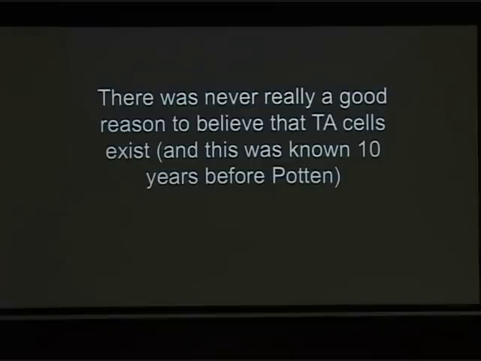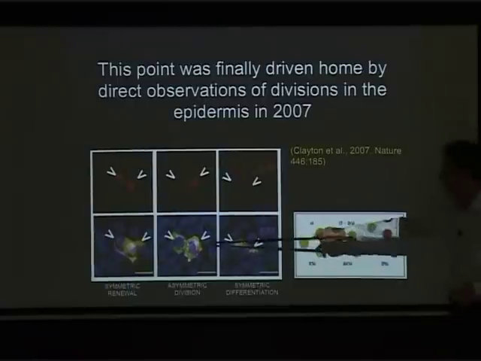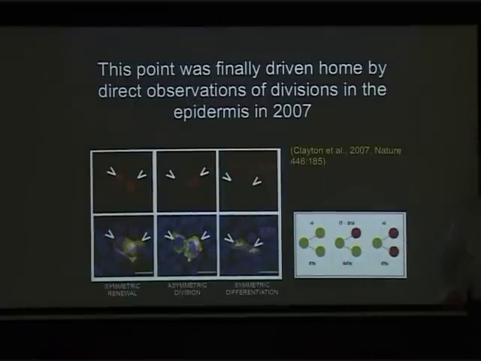It really wasn't until about 10 years ago that beautiful work from Jones and Simons in the skin, the very same system, demonstrated that in fact the division patterns of cells are stochastic. In this tissue, about 16% of divisions end up giving you 2 stem cells or 2 differentiated cells.